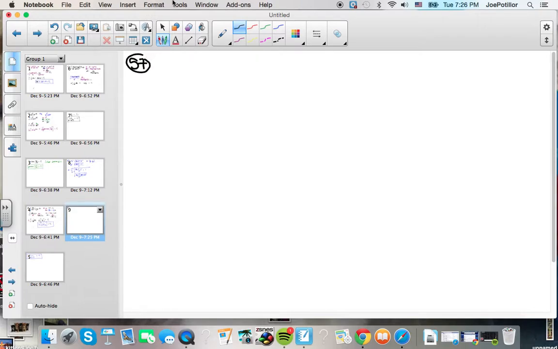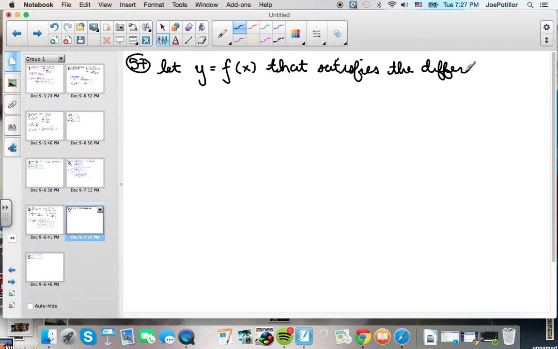It says, let y equal f of x be a function that satisfies the differential equation x times y prime is equal to the square root of ln of x squared minus x squared.